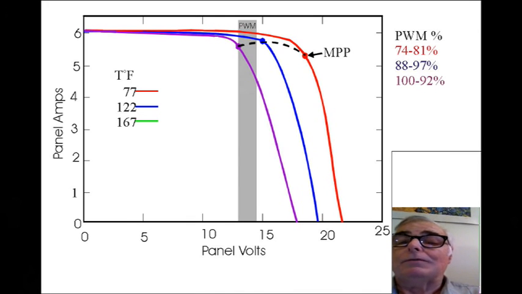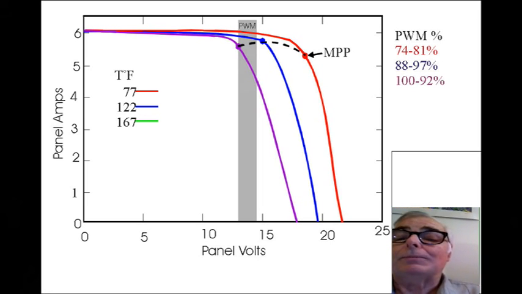And I've shown the voltage operating range for PWM controllers. So I used the same methodology as I did in the previous slide to calculate effectively the efficiency of a PWM controller relative to an MPPT controller output for panels at each of the three temperatures.